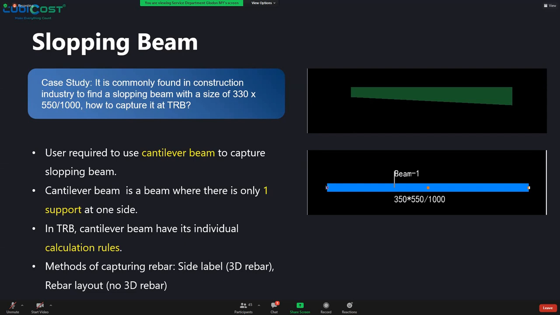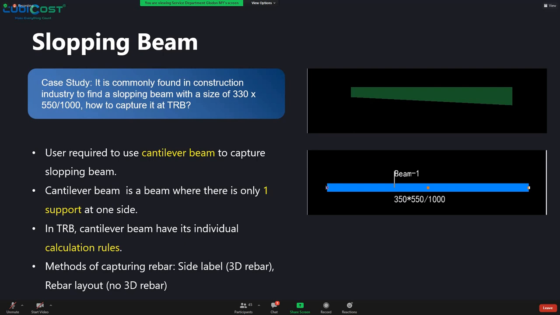Before I proceed on how to capture it, what is the difference between a cantilever beam and a frame beam? A cantilever beam has support at one side only, whereas a normal beam must have support on both sides. So a cantilever beam has only one support, normally either left or right. But a frame beam has support on both sides. So that's the difference.